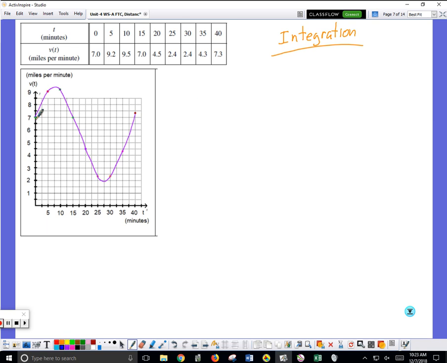Right here, the velocity is 7 miles per minute. The velocity is changing. It's increasing, but it's a little hard to do computations with something that's moving. So we're going to make kind of an estimate here. We're going to pretend that the velocity is 7 miles per minute and that the velocity remains at 7 miles per minute for 2 minutes.